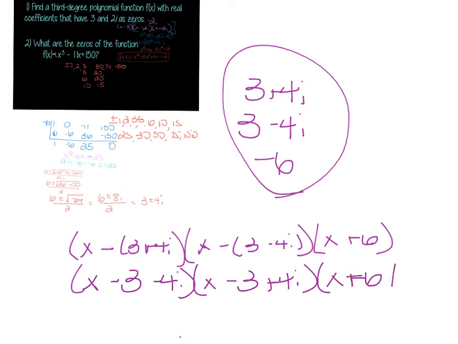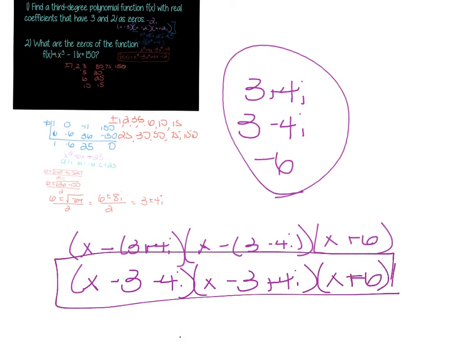So if it asks for it as a product of linear factors, that's what this is, linear factors. These are your zeros or your roots. And if I had multiplied out the linear factors, you should get back your original question.